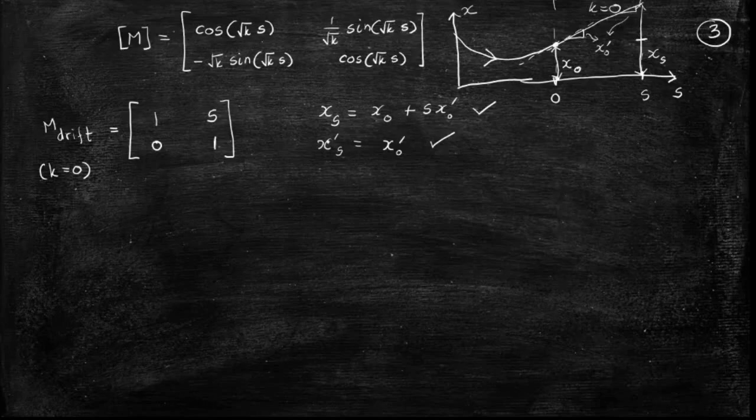Yes, sir. So for the final slope to be less than the initial slope, basically you need x prime of s equal to x prime of 0 minus something. So you need this quantity, which is 0 in the case of the drift region. If instead of 0 it is negative, then the x prime will reduce as you go along the accelerator.